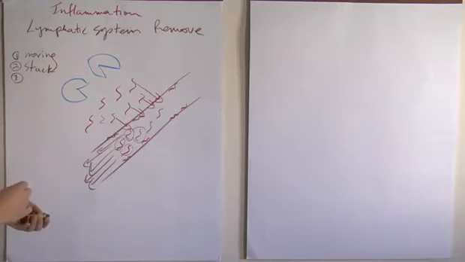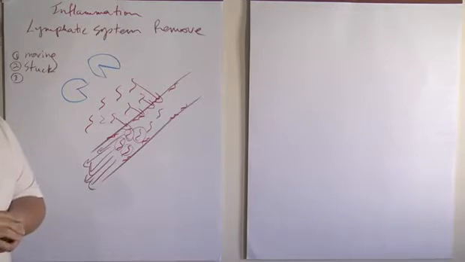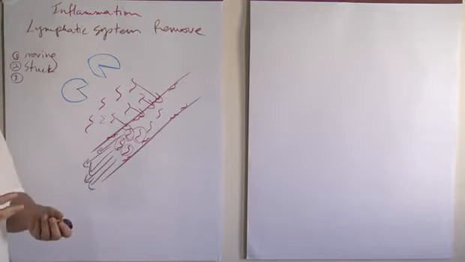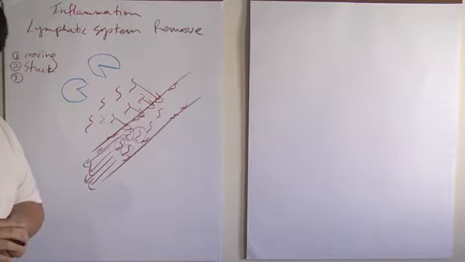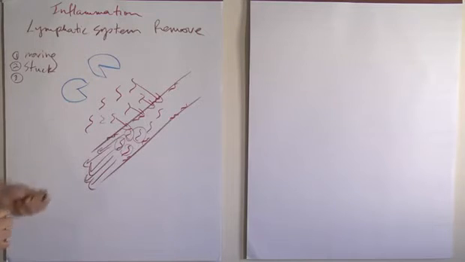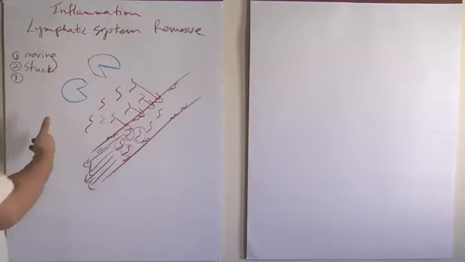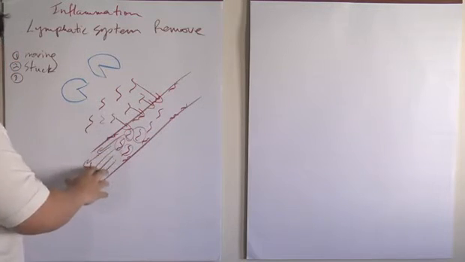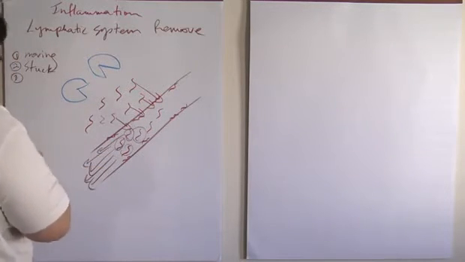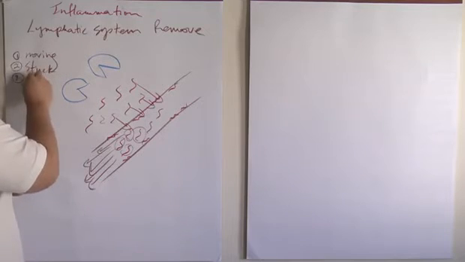You ever gone to airports where you can't get on the airplane until the people in the airplane have gotten off and taken all their luggage out? That's how it works here: you can't get things into the lymph system until these guys are moving. So we're going to say continue moving.